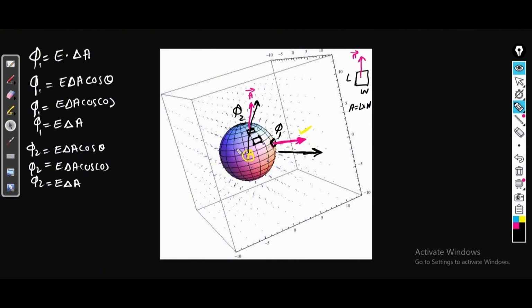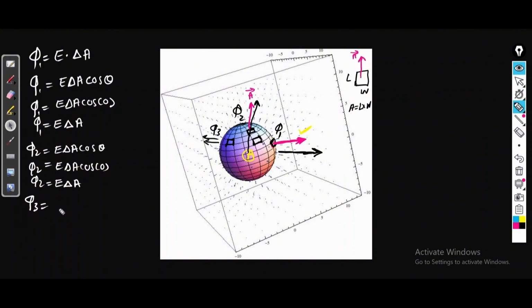Similarly, I consider this area. The direction of this area is perpendicular to the surface, and the electric field line is also moving perpendicular to this area, and therefore the angle between the direction of the area and the electric field line is 0.